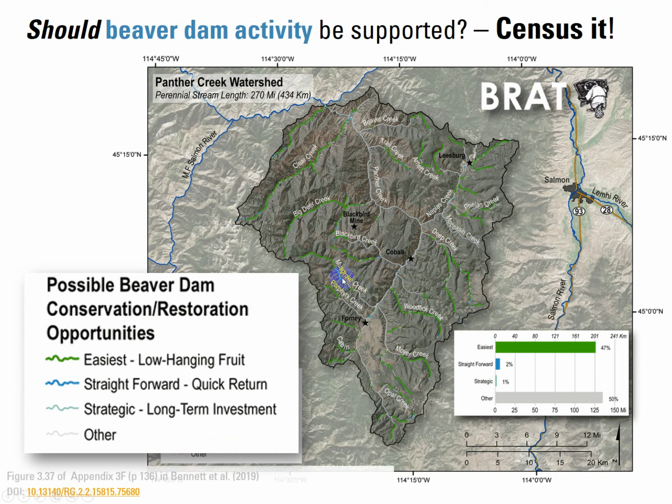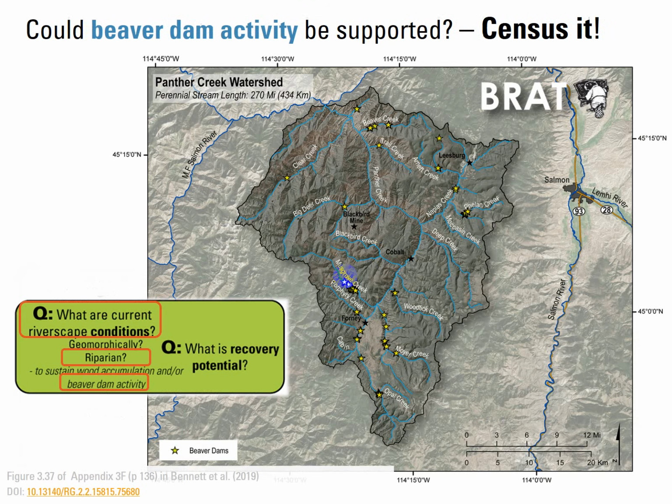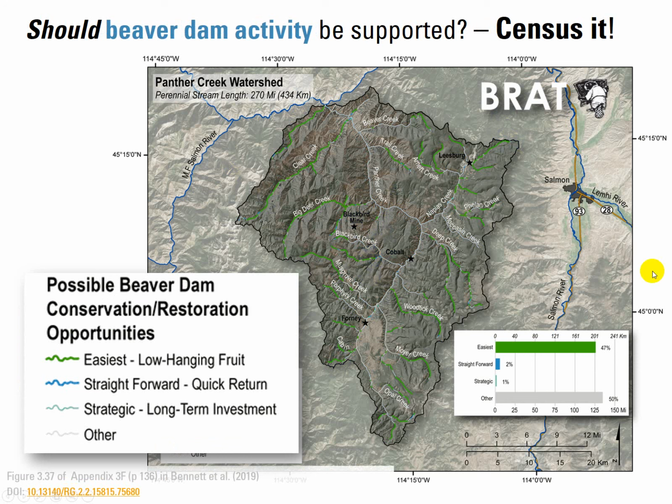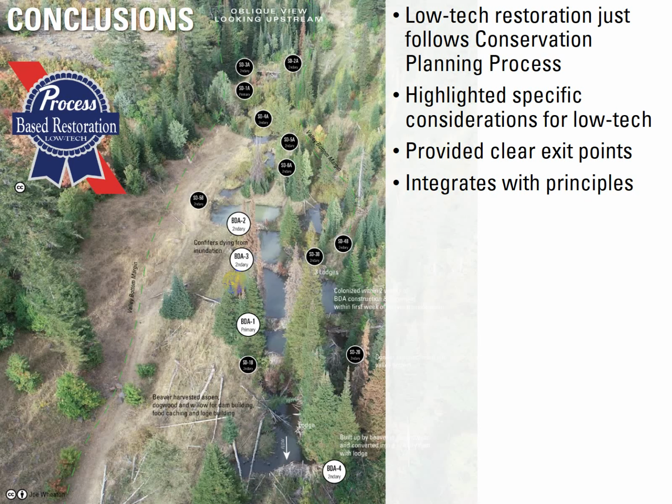That might highlight areas where you're in a conservation situation, versus areas that might have good conditions but no real beaver dam activity, and those might be your areas for restoration opportunities. So mapping dams, mapping jams, this is really useful, and there's details of this on that capstone site.